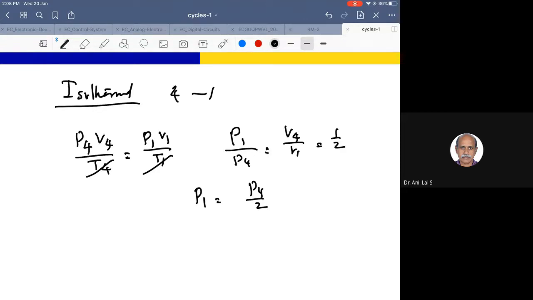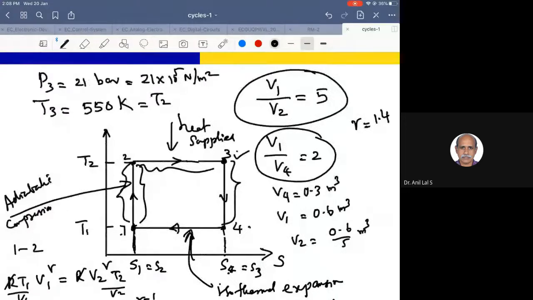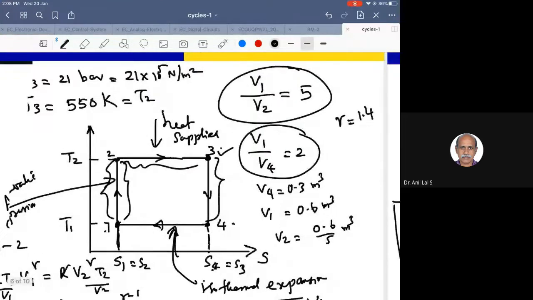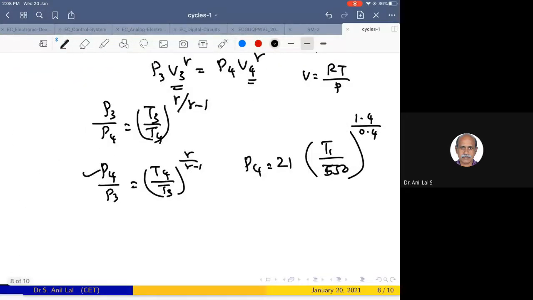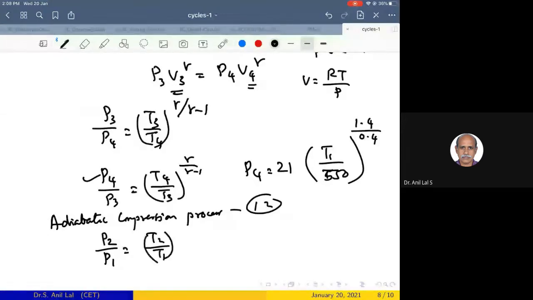Now that you know P1, you can take the adiabatic compression process 1-2. So what is the equation? P2 by P1 is equal to T2 by T1 raised to gamma by gamma minus 1.